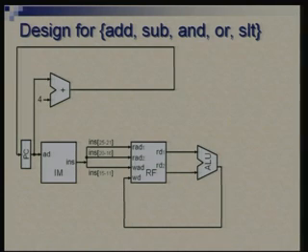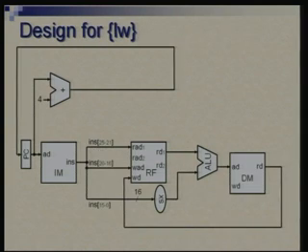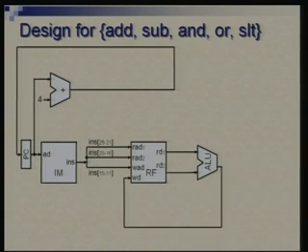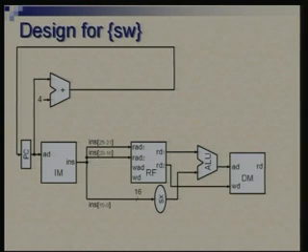From the instruction we look at the register address fields, fetch 2 operands from the register file, apply them to the ALU, the result of the ALU goes back to the register file, and meanwhile we also make sure that the PC gets incremented to PC plus 4. So these components can be put together to carry out the first group of 5 instructions.